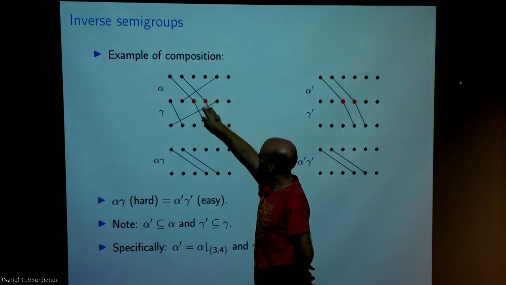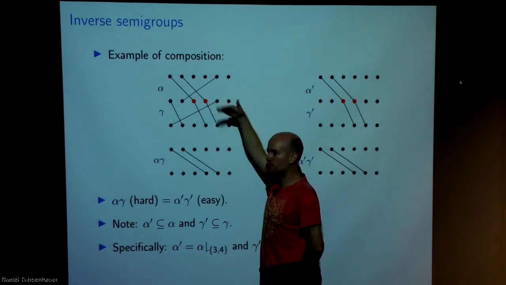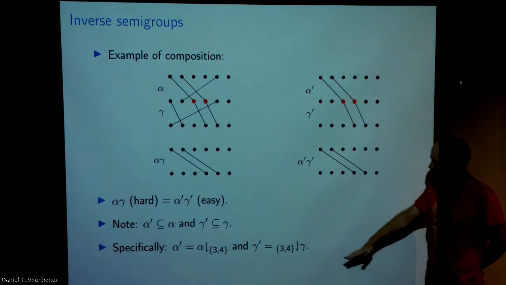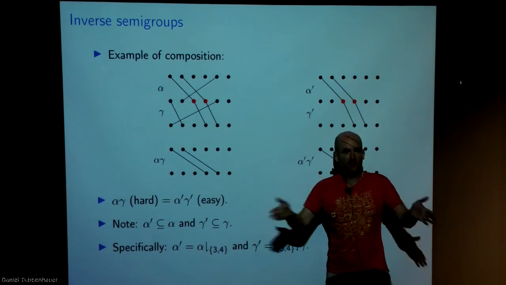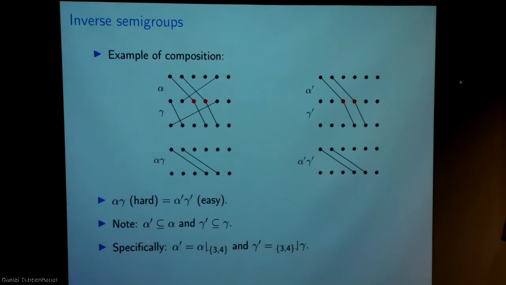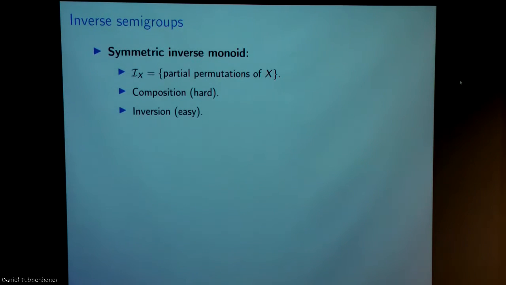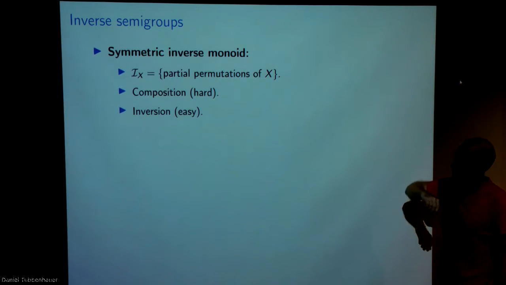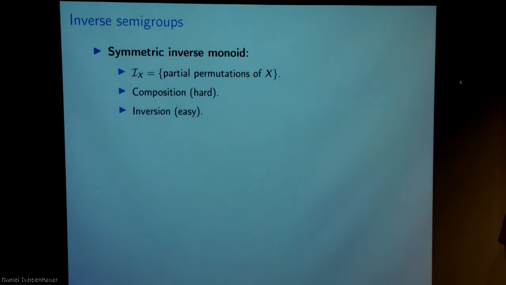Whereas alpha dash is the restriction to the same set, but we're restricting the codomain rather than the domain. So we've got two different kinds of restrictions, the left and the right. And of course, 3, 4 in this case is just the intersection of the image of alpha and the domain of gamma.